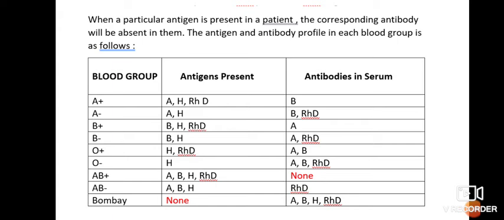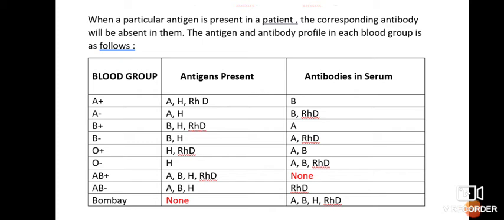And since the A antigen is present, the opposite antibody will be present in the serum. That is, for A individuals, anti-B will be present in the serum. We need not remember both antigens and antibodies. We'll try to understand one, and the other will be the vice versa of that. So we'll now concentrate on the antigen part.